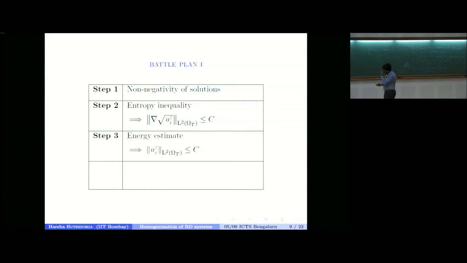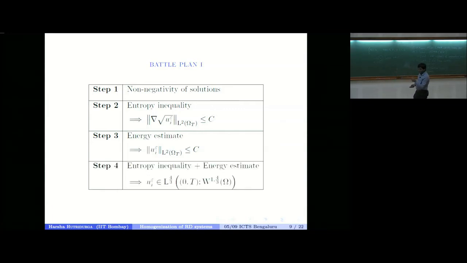Then we do some energy estimate to show that you have an L2 uniform estimate on the concentrations, okay? By combining the entropy and energy estimates, we will show, you see, this was the thing in the linear setting, right? We had to show L^p in time, W^{1,p} in space estimates for the concentrations, and that p happens to be 4/3.